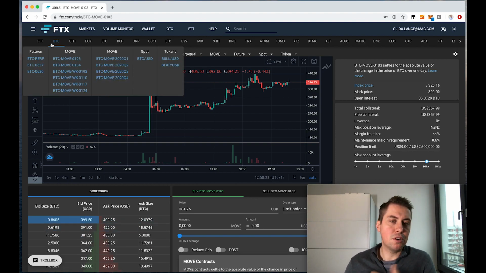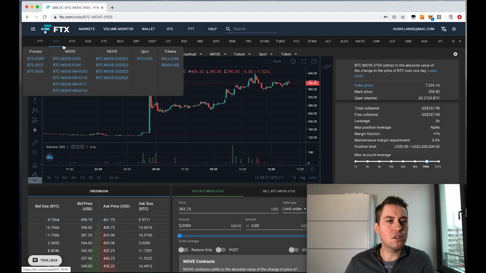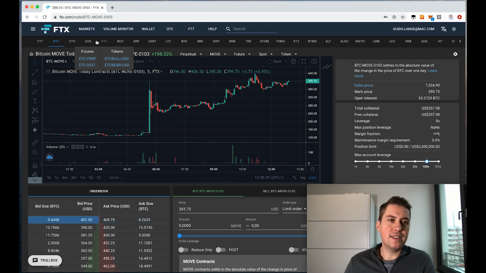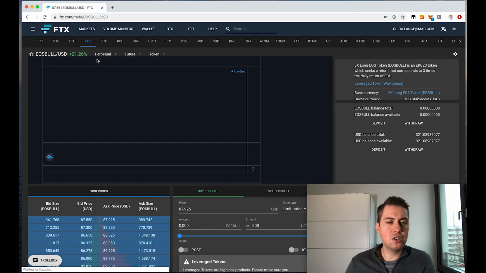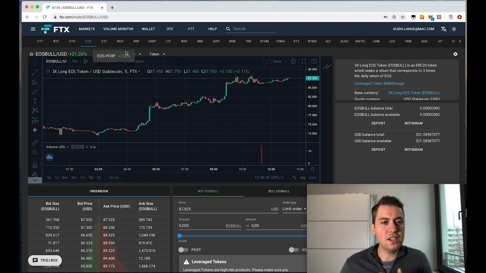Right now it's probably enough if you know about the spot contracts and the futures contracts. And there, if we look at EOS, for example, there are also some special tokens. For example, that's an EOS Bull token, an ERC20 token they came up with. That's basically 3 times the return EOS did per day. So 3 times the daily return.